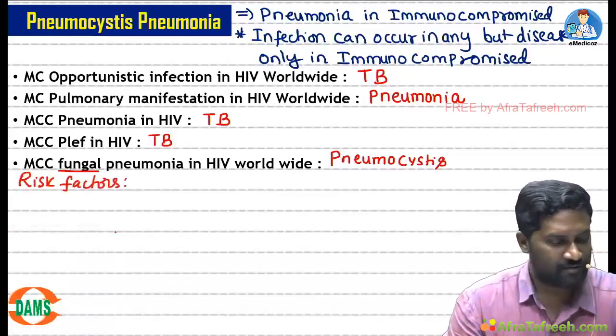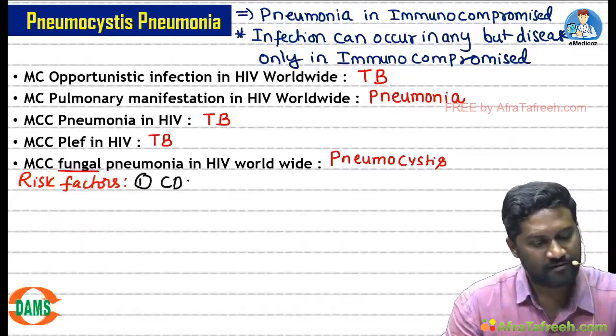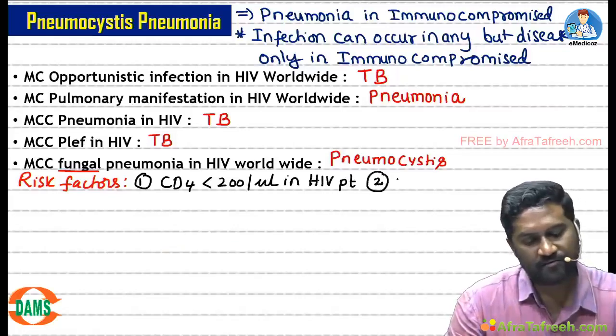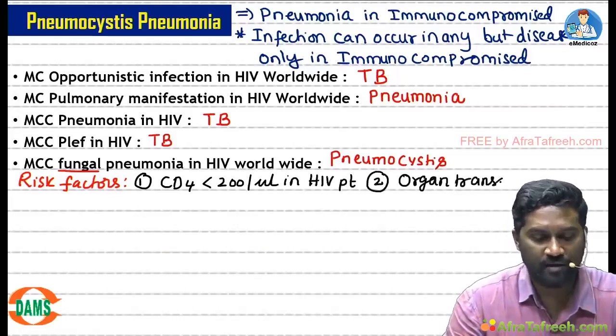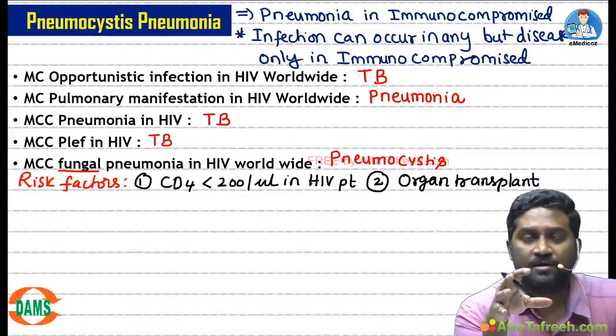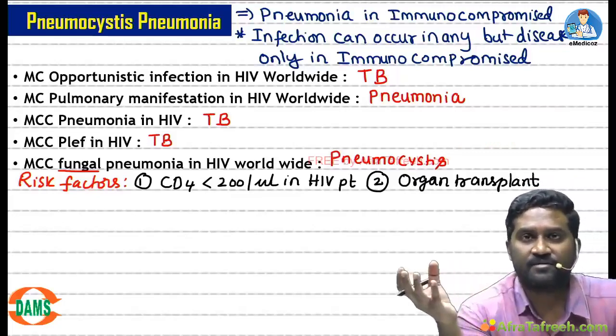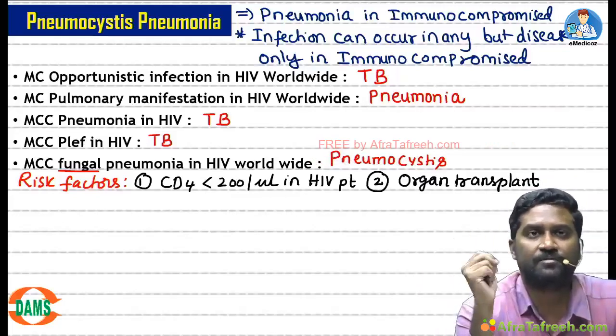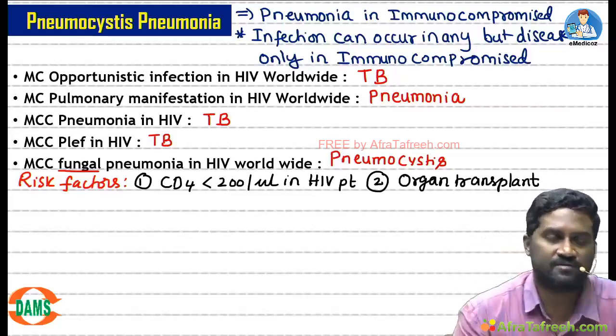As I mentioned previously, the most important risk factor is CD4 count less than 200 per microliter in an HIV patient. Then the second risk factor, patients who underwent organ transplant. They will be given immunosuppressive therapy to prevent graft rejection, so they also will be immunocompromised and can get pneumocystis.